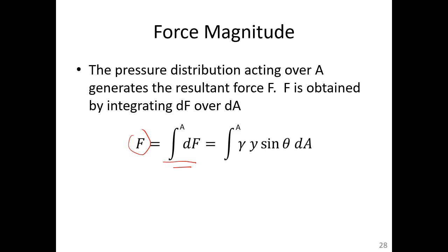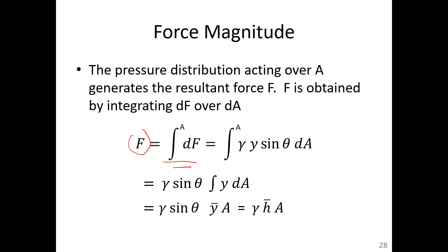Remember, we took this irregular area and divided it into horizontal differential strips of dA. And so again, from the last slide, dF is equal to gamma y sine theta dA. The specific weight is constant and sine theta is constant. It's a plane surface, and so we pull gamma sine theta out of the integrand, and the integral of y dA should start looking familiar to you now.